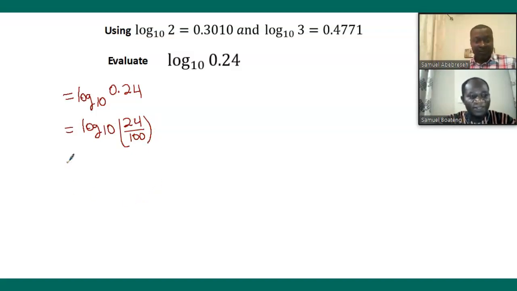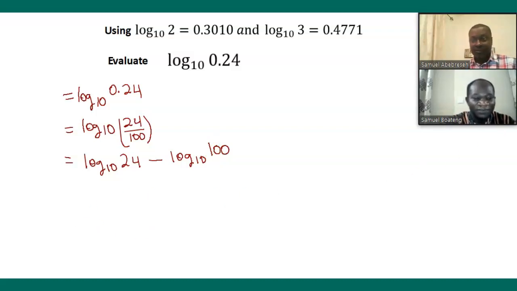And then by applying the laws of logarithm, you can write it as log 24 base 10 minus log 100 to base 10. Okay. So once again, we don't have a value for log 24.